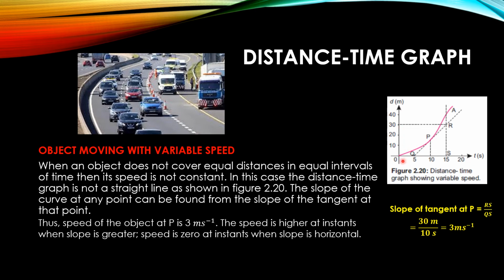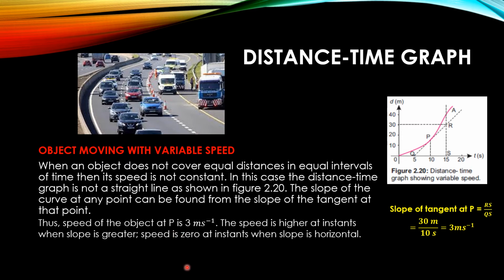As you know, the formula of the slope is y2 minus y1, or simply y over x. The values that we take along the y-axis are 30 minus 0, and here we will say 15 minus 5, that is QS. So 30 meters divided by 10 seconds will give you 3 meters per second. Thus, the speed of the object at P is 3 meters per second.